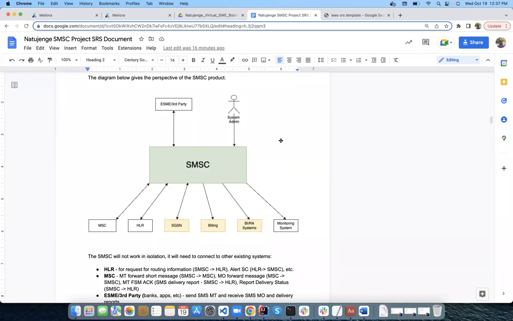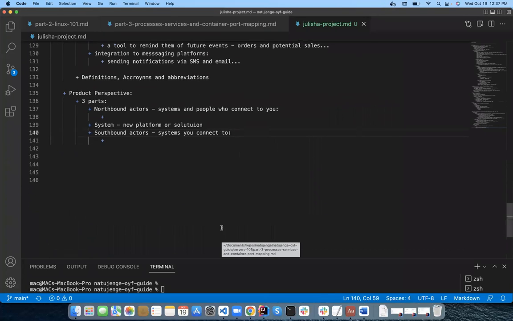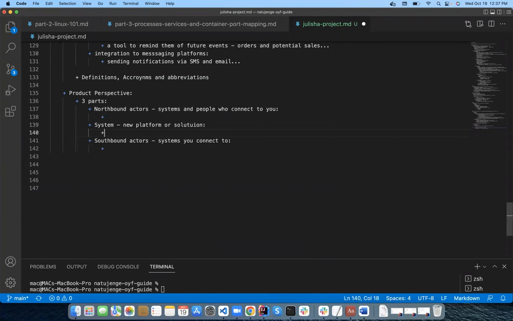So this is a good example of a context diagram for those of you who did system analysis and design. It paints the picture of everything that will interact with what you're creating, because with a solution, you don't work in isolation. Here we also identify that this is our application.